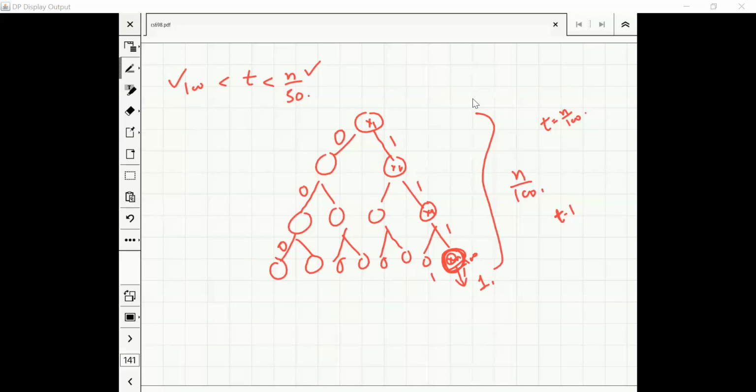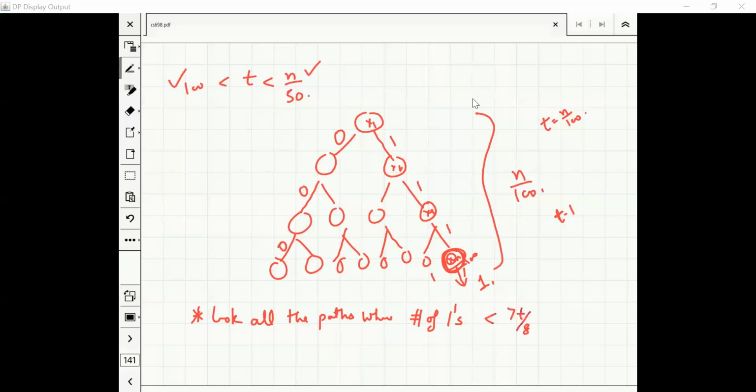Yes. Right. So now this is a small trick, but what you will say is, look at all the paths where the number of ones is less than, let's say, 7t by 8.